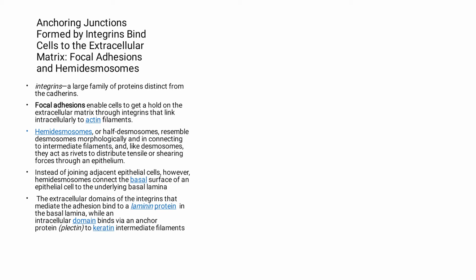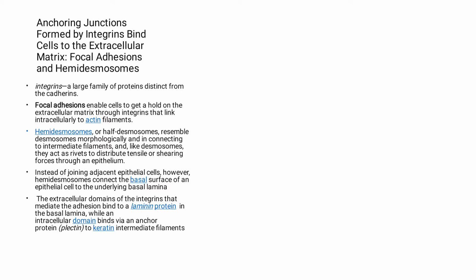It is a large family of proteins distinct from cadherins. Focal adhesions enable cells to get a hold in the extracellular matrix through integrins that link intracellularly to actin filaments. In this way, muscle cells, for example, attach to their tendons at myotendinous junctions.